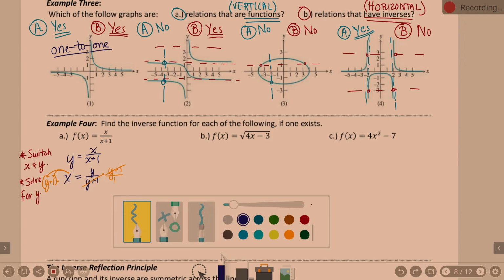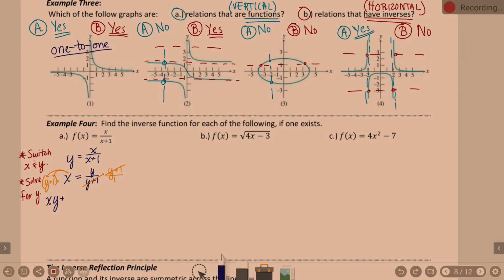So when I distribute that, x times y is xy, plus x times 1 is 1x, equals, on the other side, y plus 1's canceled, so it's just equal to y. Are you with me? And that's your answer? No.